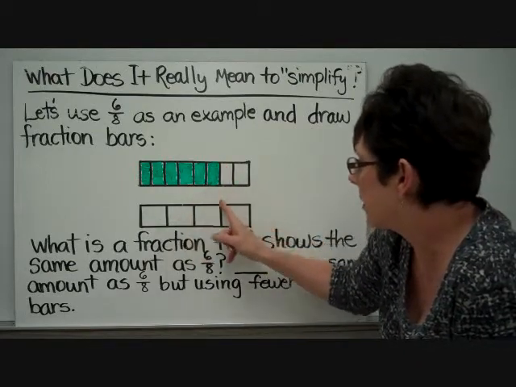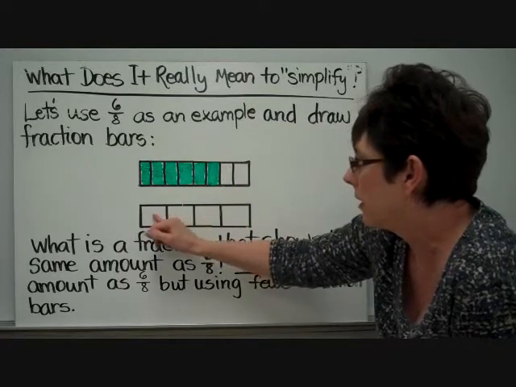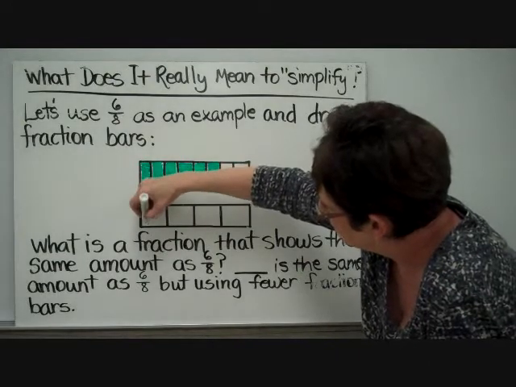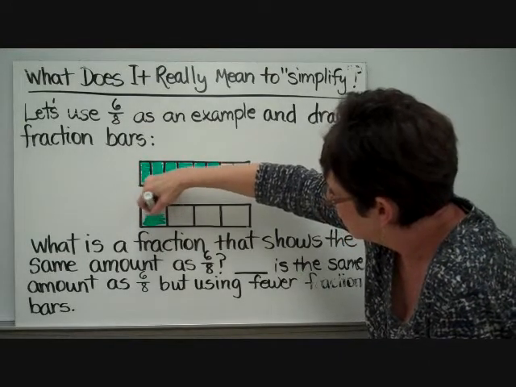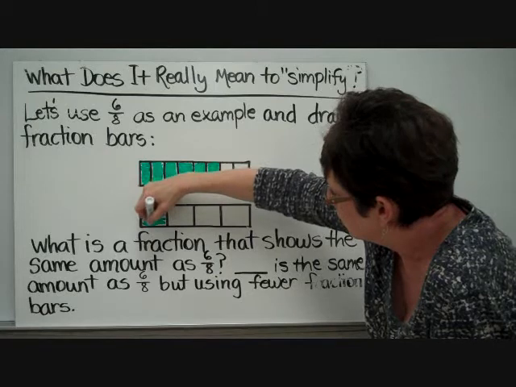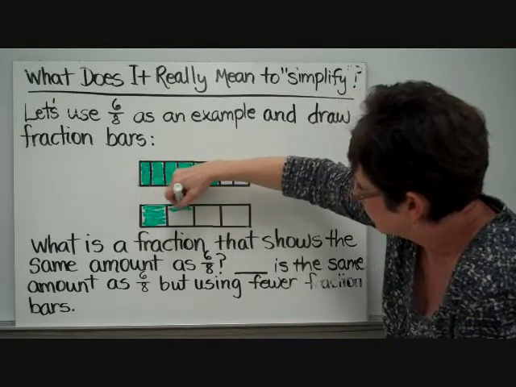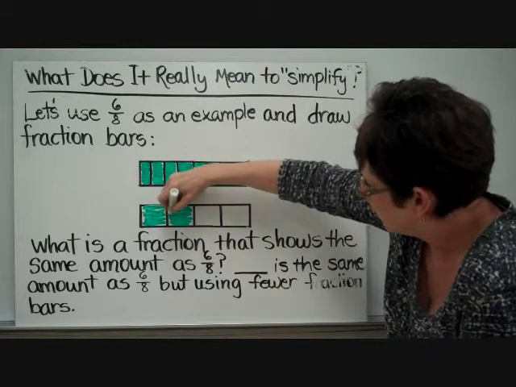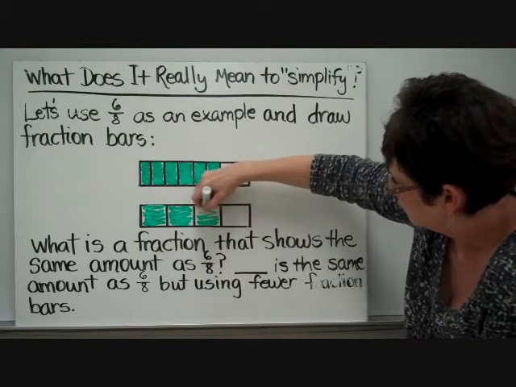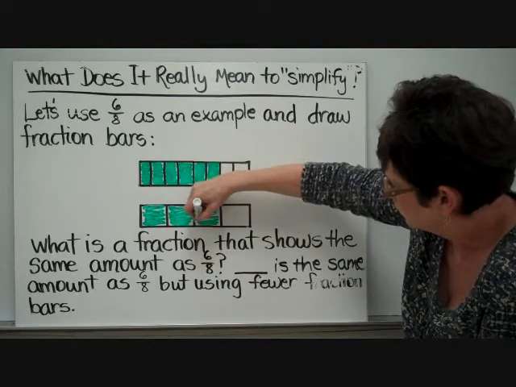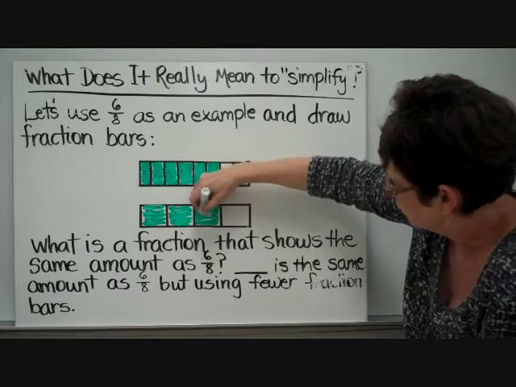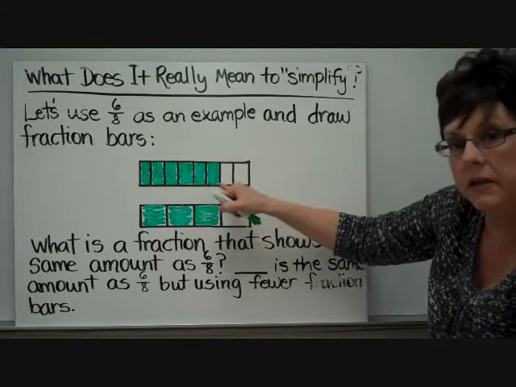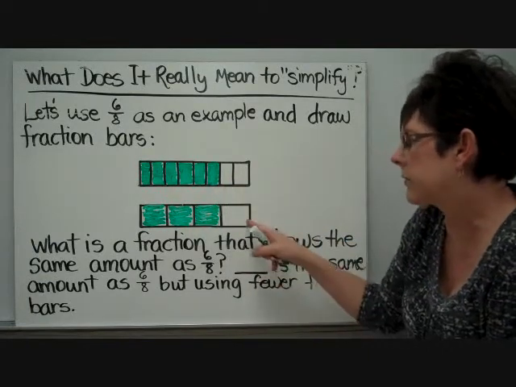Let's see, if we bring this down here, we could color those in. So this would be one of them, 2, 3. That's the same amount as this. What would we call this?